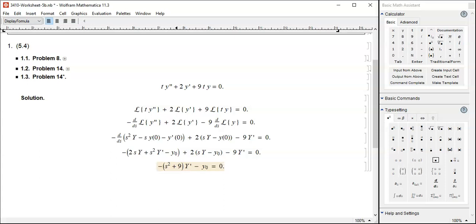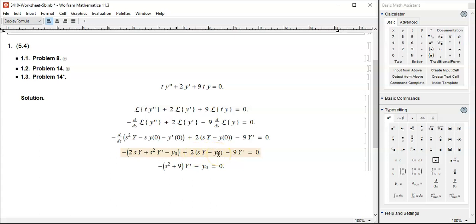Let's check some algebra. This is the trickiest part, as a matter of fact. Let's consider the Y prime part. Negative 9, negative s squared. Okay, that's pretty much all set. How about the Y part? Negative 2s, positive 2s, they cancel each other out. And here, minus y naught, that becomes plus.